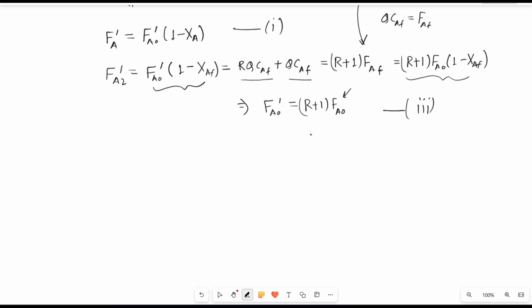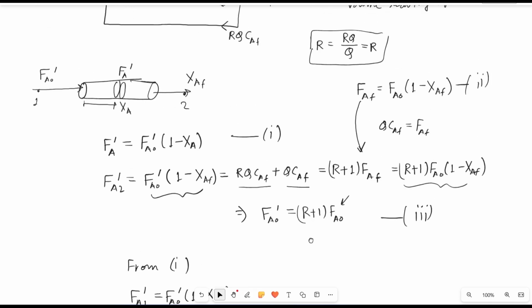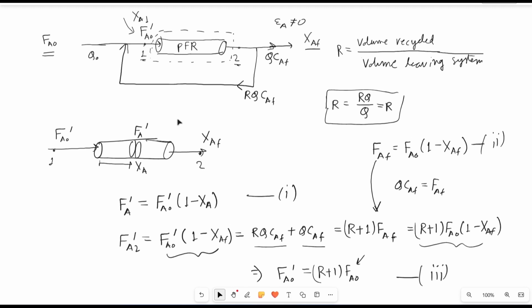Suppose at the inlet at XA1 we use equation 1: FA1 equals FA naught prime (1 minus XA1). Now if you look at point 1, there is one term, the fresh feed, which is going in, and this term which is being added.